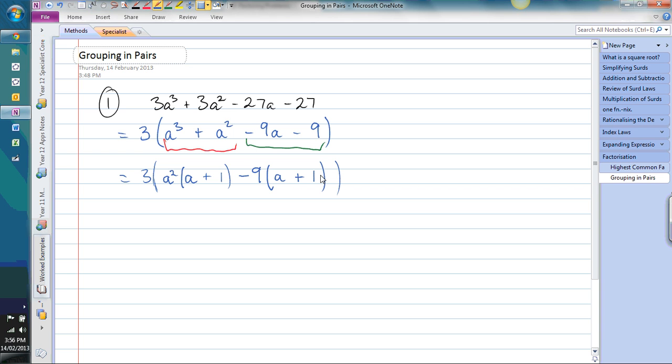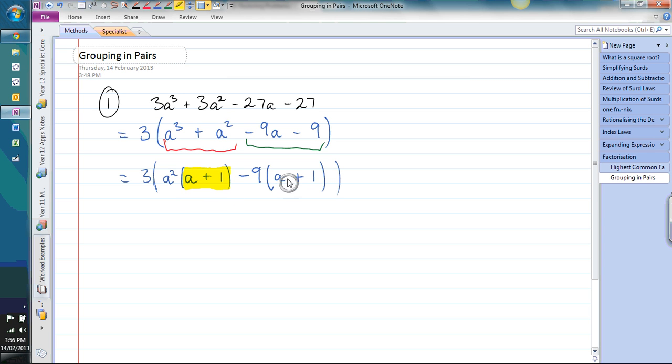Okay, now at this next step, it kind of looks messier than what it did at the start. But things are about to get a little bit neater. What I'm going to do is think about this whole a squared here as one clump, as one term. Okay, so I'm treating it as if it was just an x or a y or some pronumeral, but the whole a plus 1 is what I'm thinking of as one sort of unit.